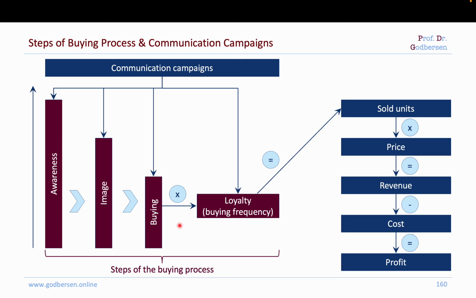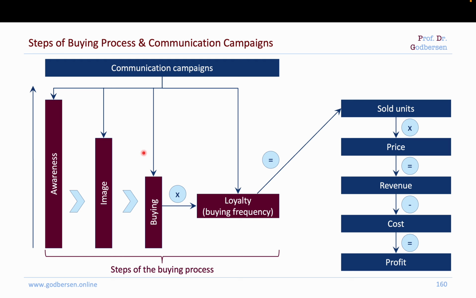If we multiply buying times buying frequency, we have our units that we're selling, times the price is the revenue, minus the cost is the profit. To come to these financial objectives, the blue ones, we need to come to our market objectives, the maroon ones.